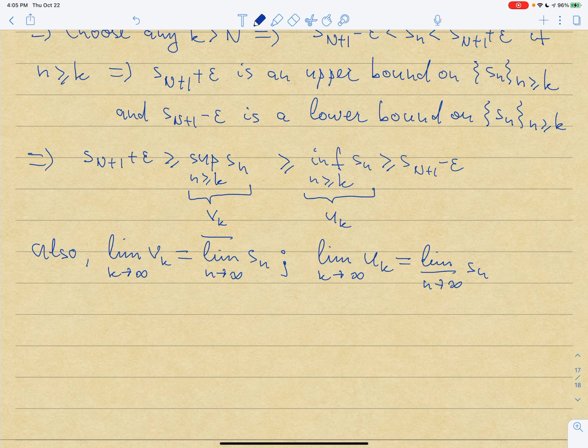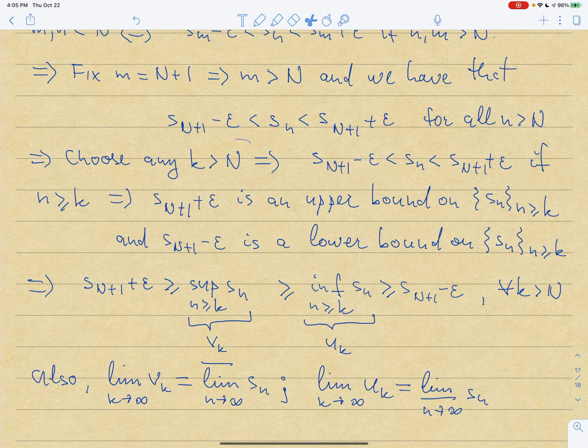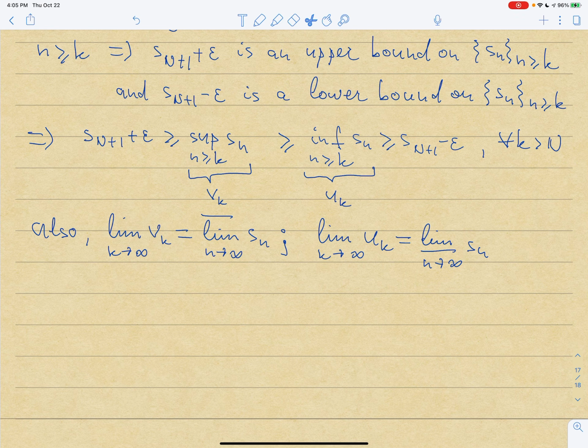So let's re-emphasize this here. For any k bigger than capital N, because my choice of k was just that it must be bigger than capital N. And so then if I take a limit of the sequence, the sequence Vk is always greater or equal than the sequence Uk. So if I take a limit of Vk, it should end up being bigger or equal than the limit of Uk, as we discussed a couple of lectures ago.